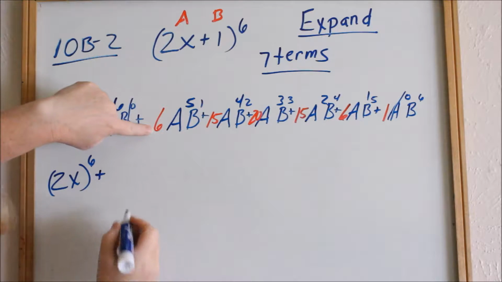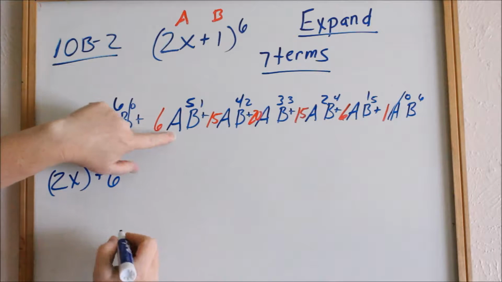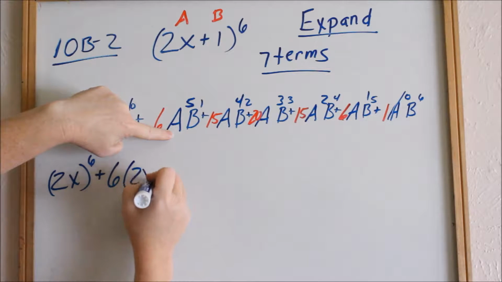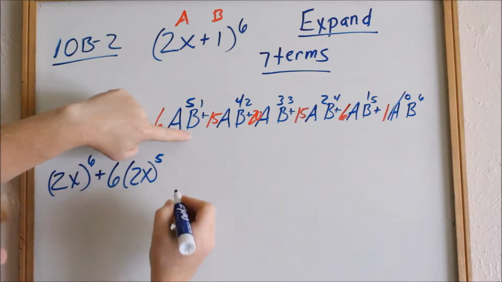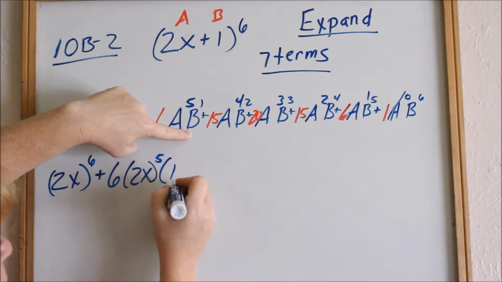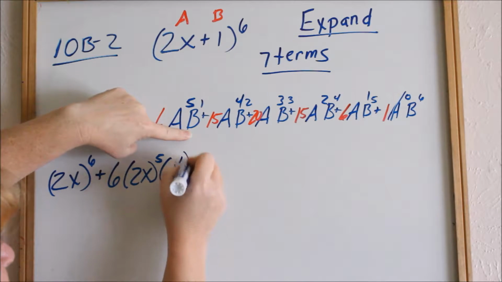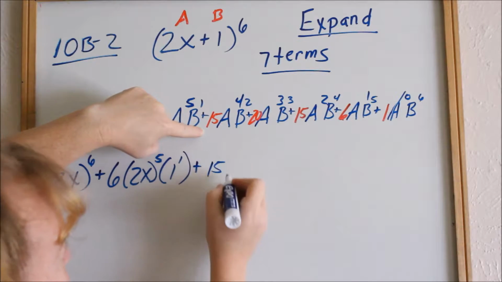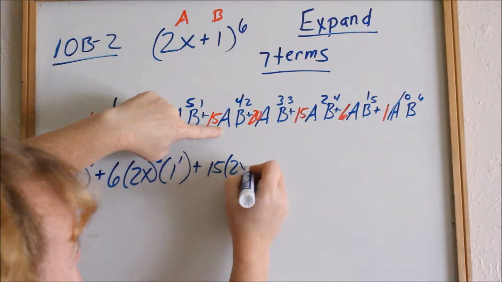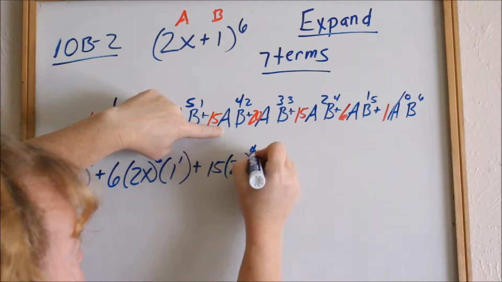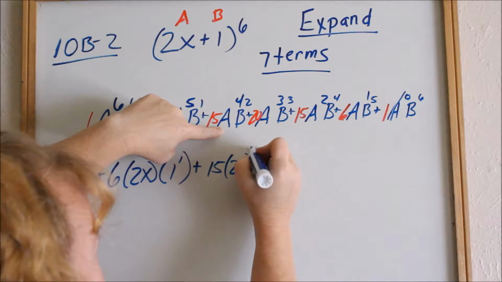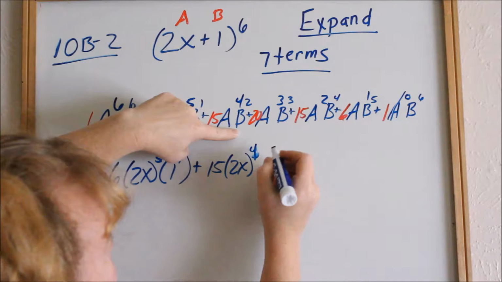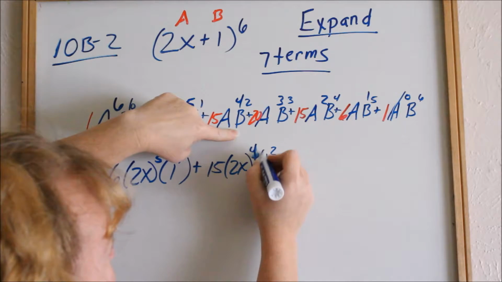Plus, now here's my 6. 6 times A to the 5th. A is 2x to the 5th. B, my B is 1 to the 1st. Plus 15 times A, which is 2x to the 4th. B, which is 1 squared.